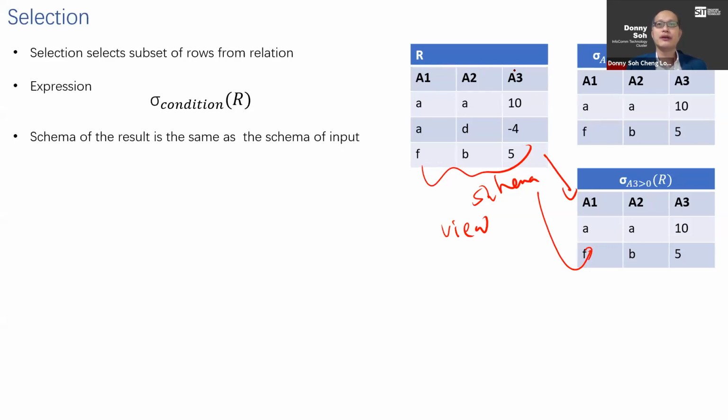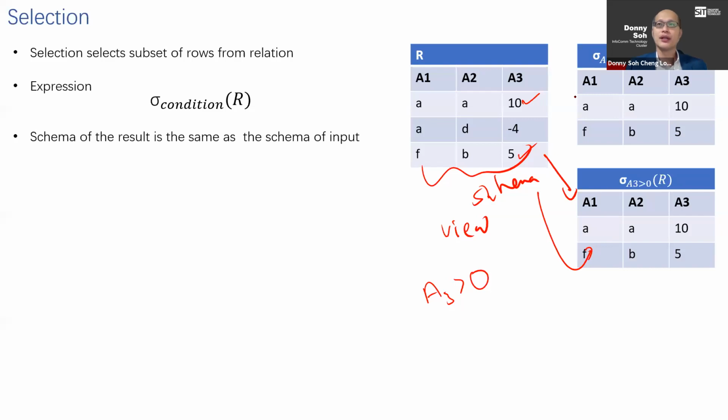When A3 is bigger than or equal to 0, I have these two rows, which have A3 values bigger than 0, and so they are selected out to form this view.